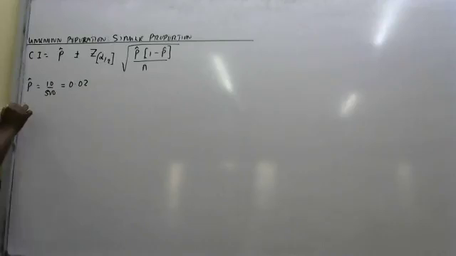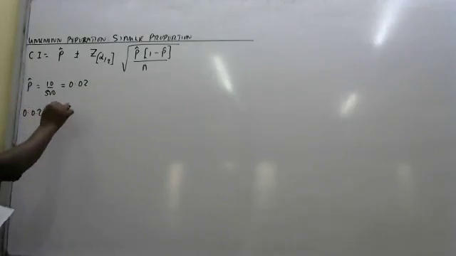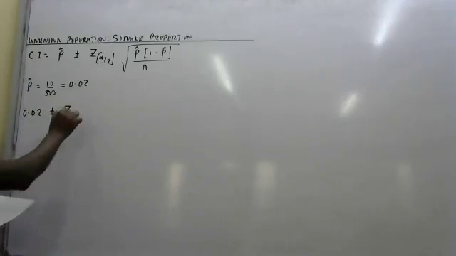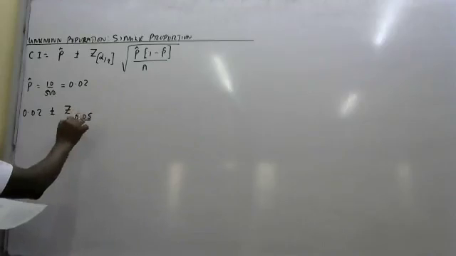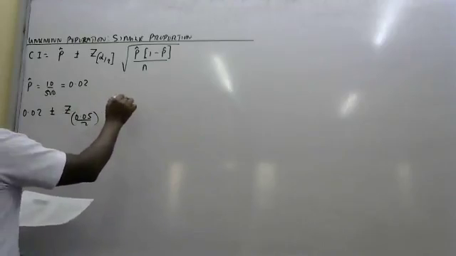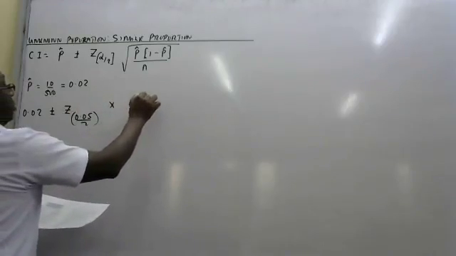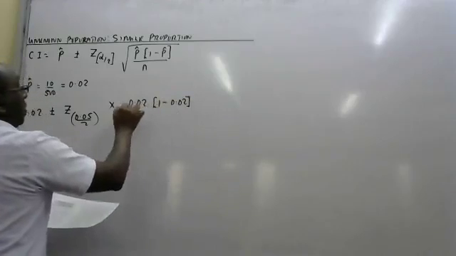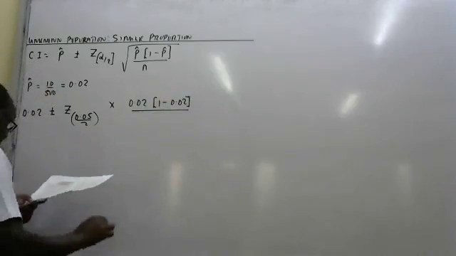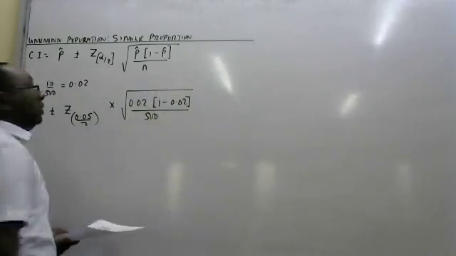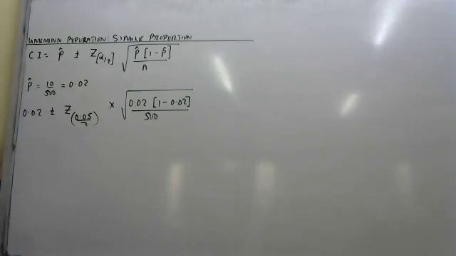So 0.02 plus or minus z at 95%, that is 0.05 out of 2, multiplied by 0.02 times 1 minus 0.02, you divide by the sample size, which is 500. You get the square root of that.